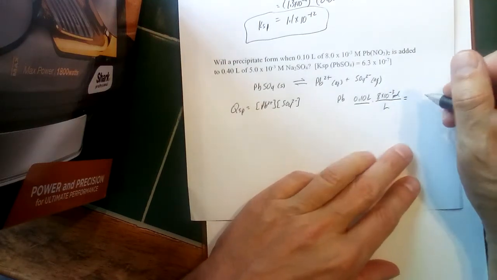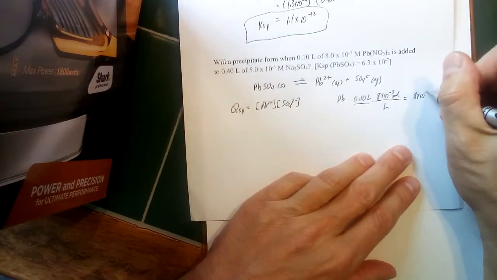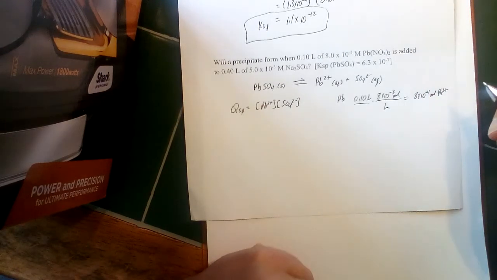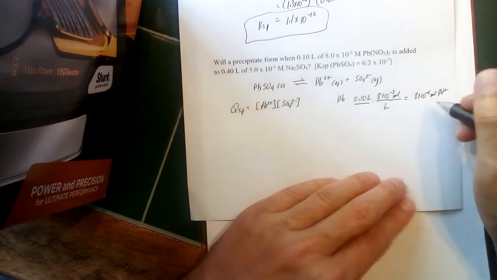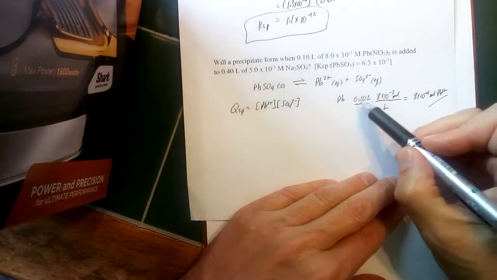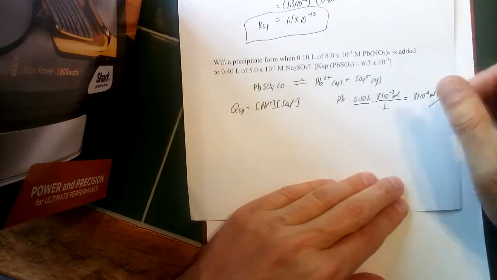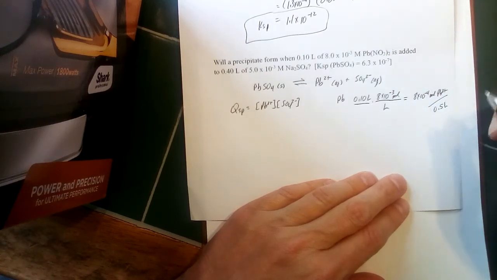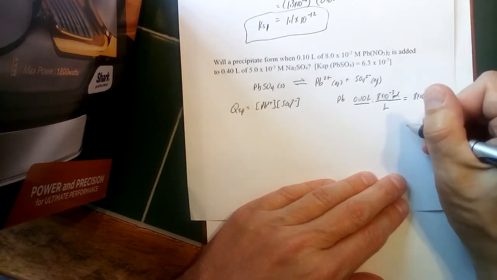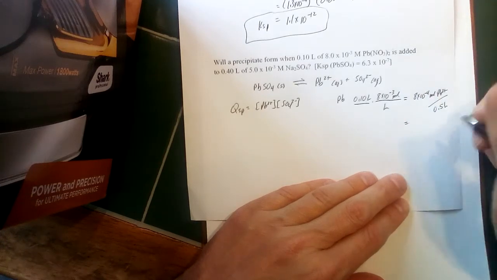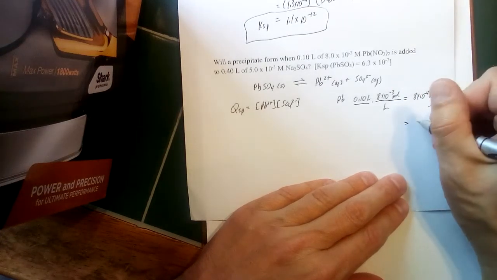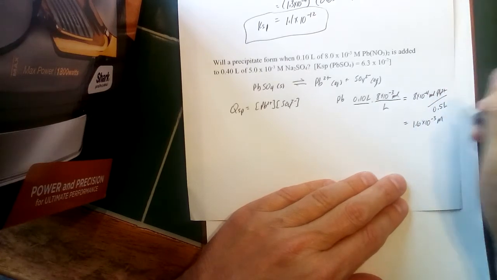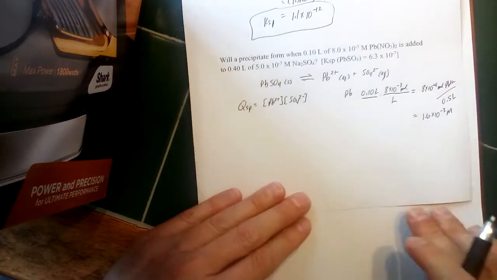Now, this would mean there's 8 times 10 to the minus 4th moles of lead in this solution. The volume now has changed. It was 1/10 of a liter, but since we added the additional 4/10 of a liter, this is 1/2 of a liter total volume. So divide 8 by 0.5, that would be 16, so this becomes 1.6 times 10 to the minus 3rd molar for the concentration of lead.